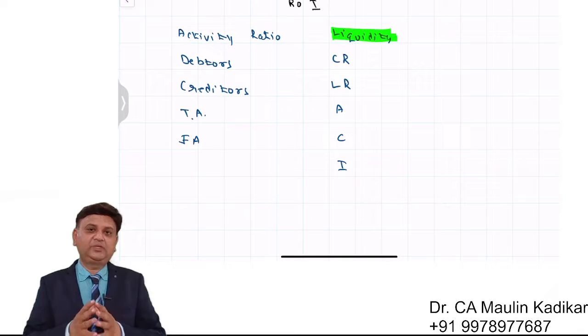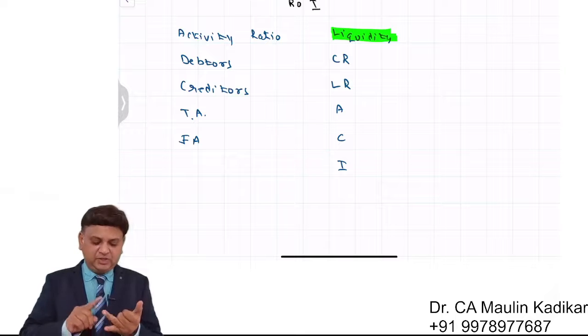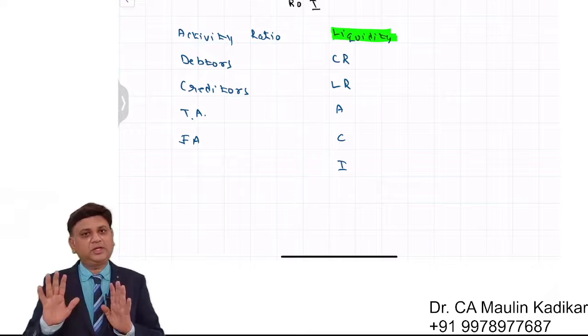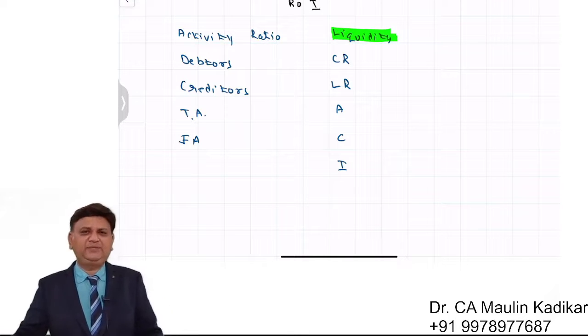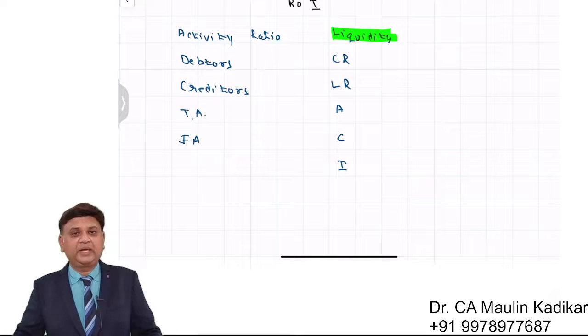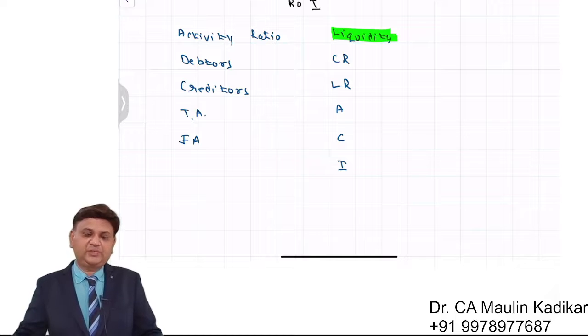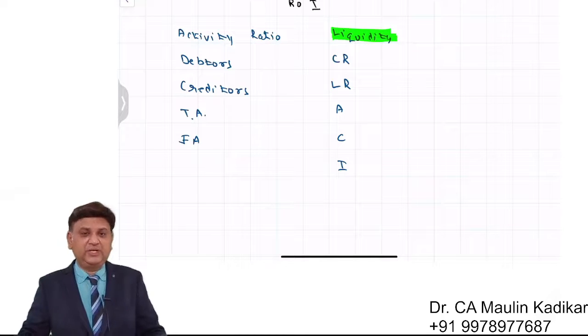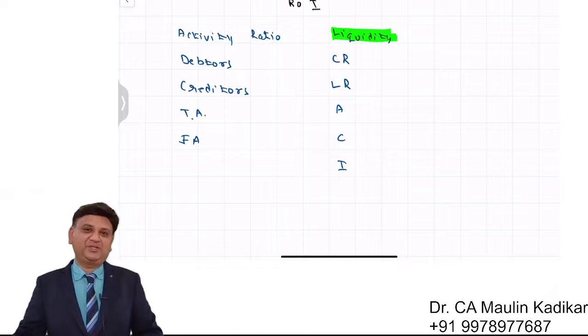What we are going to learn, dear students, we are going to learn initially all the ratios, starting from GP ratio, NP ratio, all ratios. Afterwards, we are going to solve the questions which are usually asked in examination, that is missing information questions.